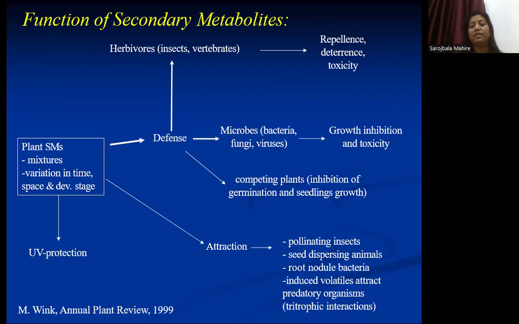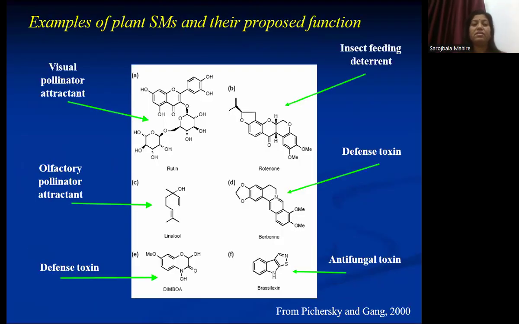Root nodule bacteria induce symbiosis, and predatory organisms are attracted. These types of functions are performed by secondary metabolites.